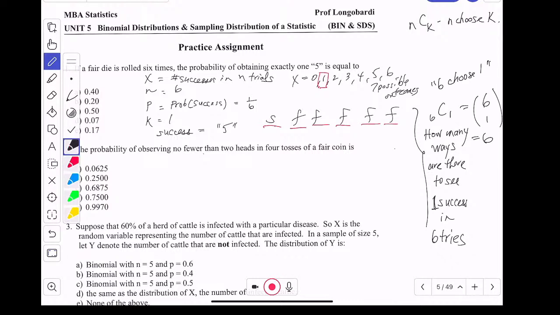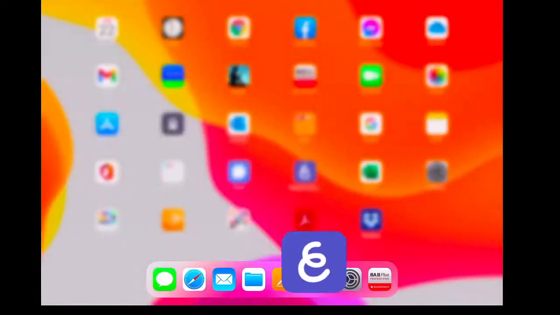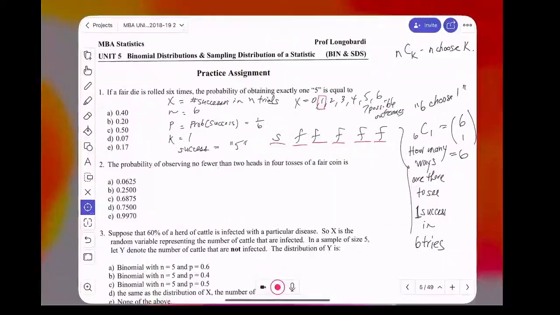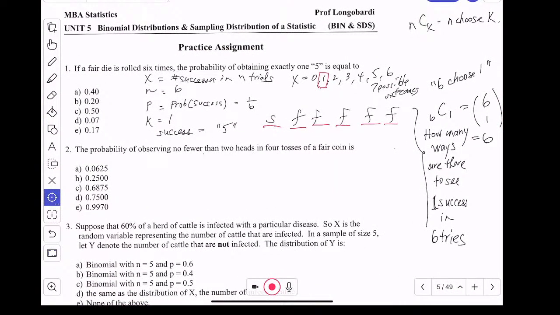So what's the probability of a success? The probability of a success is 1/6. What's the probability of a failure?